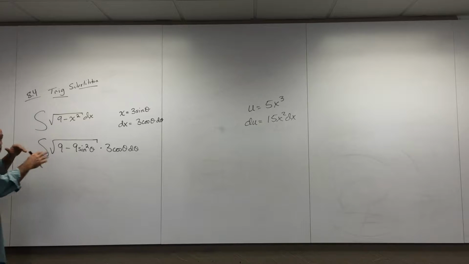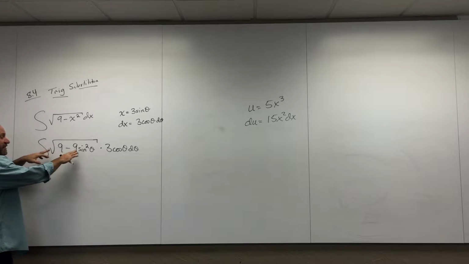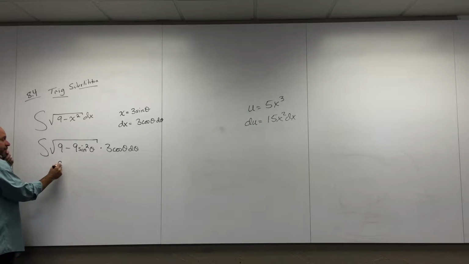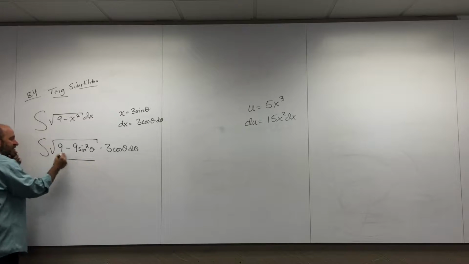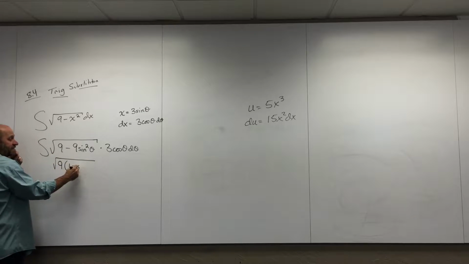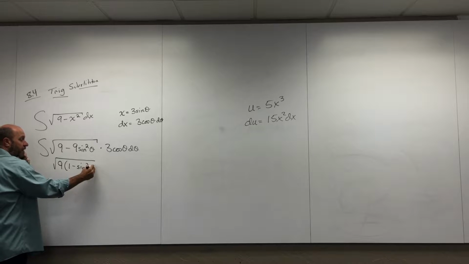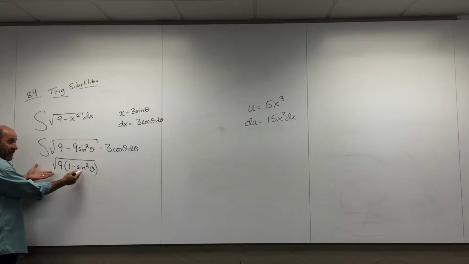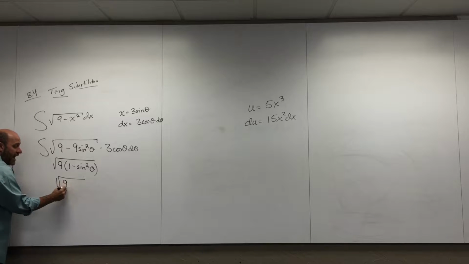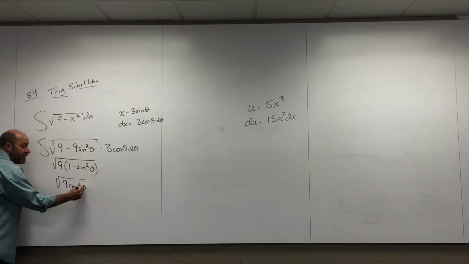Maybe you can see, maybe you can't yet, but watch how this radical cleans up. You factor out a 9, leaving 1 minus sine squared, which is cosine squared. So we turn this into 9 cosine squared theta.